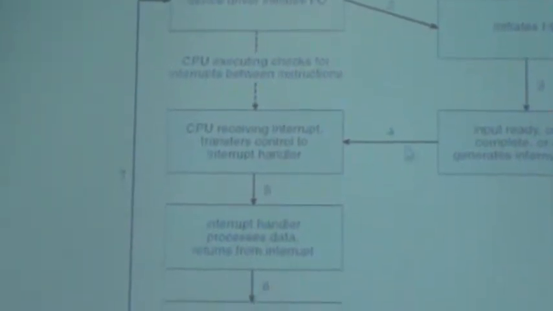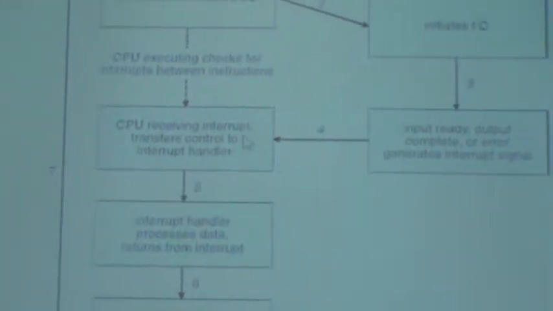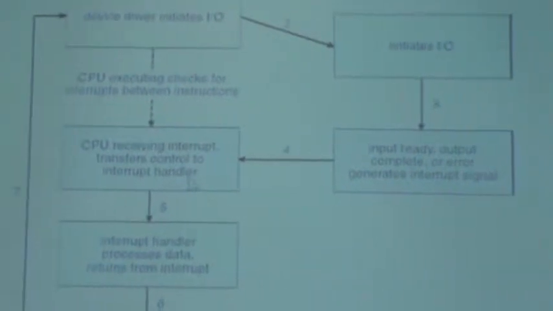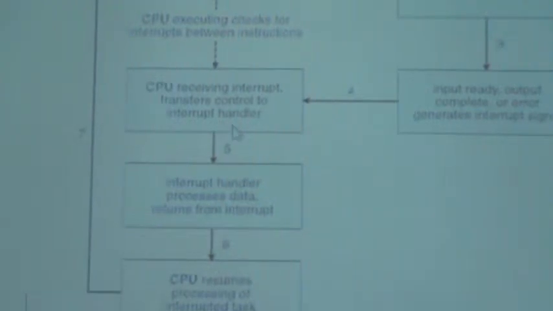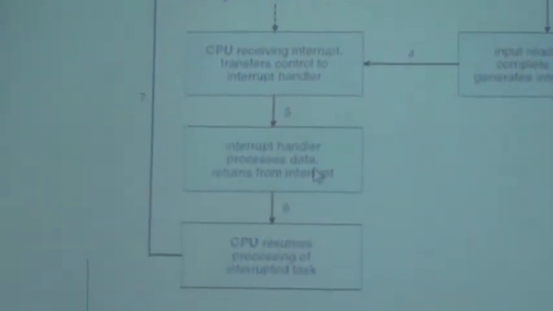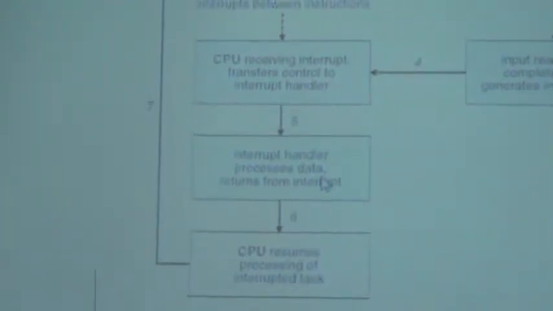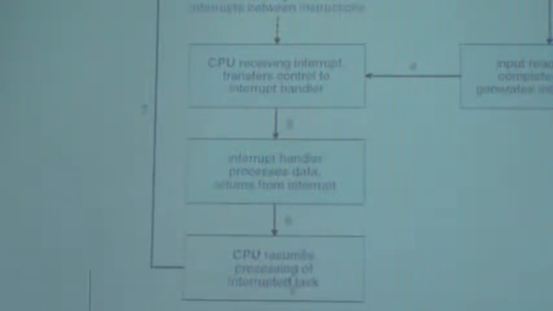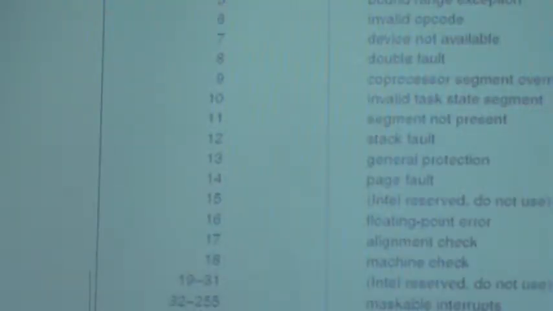Then the CPU receives the interrupt and transfers the instruction to the interrupt handler. The interrupt handler is made by the operating system and processes the instruction. Then it gets done and returns to the CPU. That is one cycle of interrupt-driven I/O.